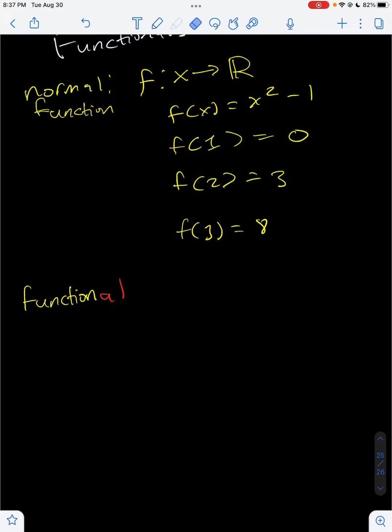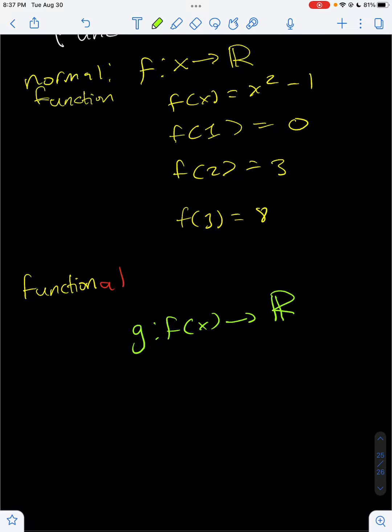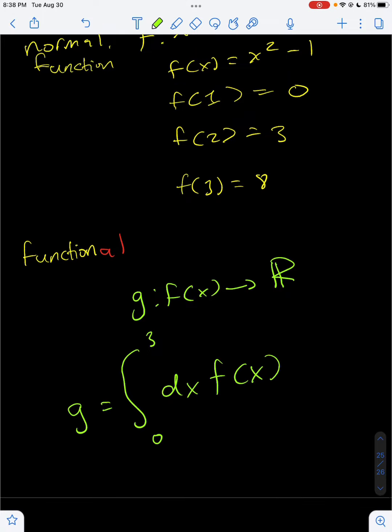Let me use the letter G. It's going to take in a function as an input and assign it a real number. So it's a function of functions, right? So before we had f of x equals x squared minus 1, here we'd have, say, g equals the integral from 0 to 3 dx f of x. Here's an example of a functional.